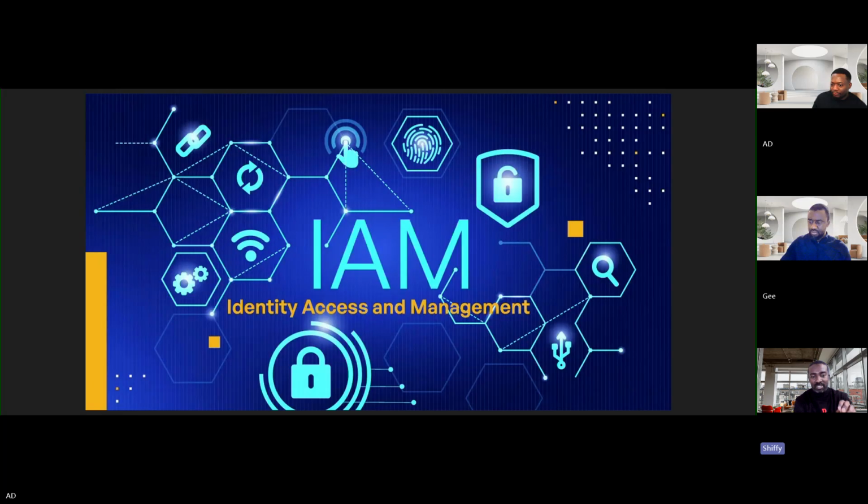If this is the minimum amount of access that you need to successfully perform this role, that is the access the person should have. Let me give an example.